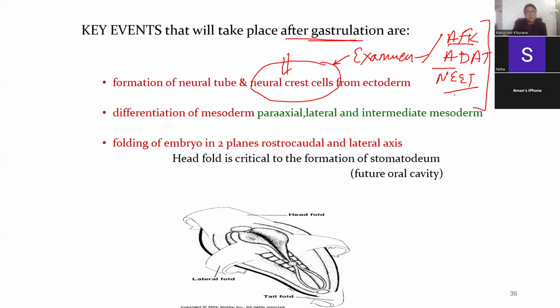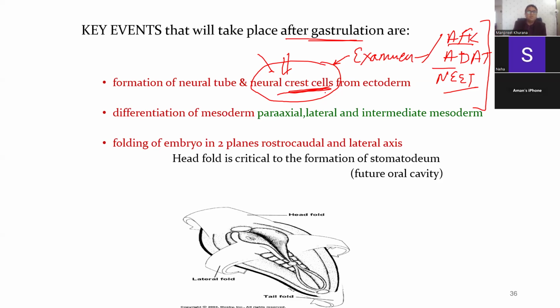So we'll be doing some questions from there, and you will be seeing that there are a lot of questions which are asked from these neural crest cells, okay, especially from embryology. So the favorite topic from embryology is neural crest cells, and the second is pharyngeal arches and pouches. So pharyngeal arches and pouches, we have to learn by heart each and every concept, each and every point, but these neural crest cells are very important, okay?